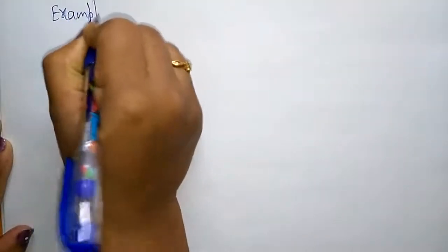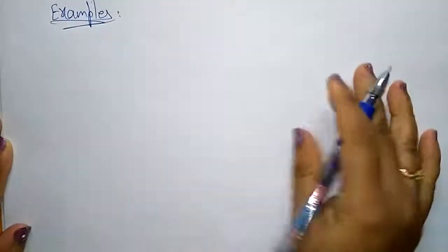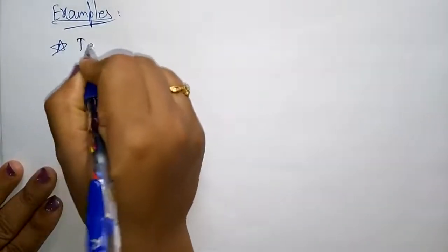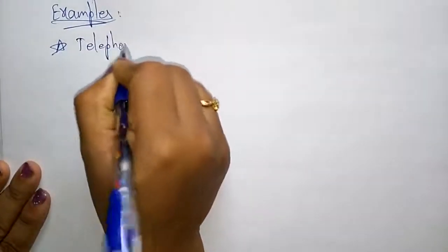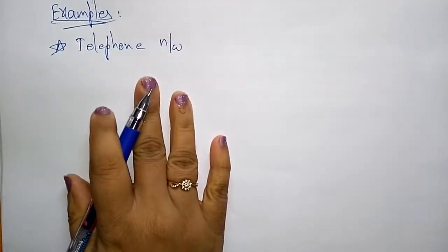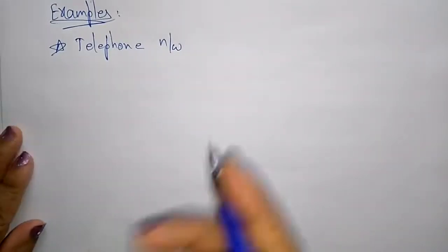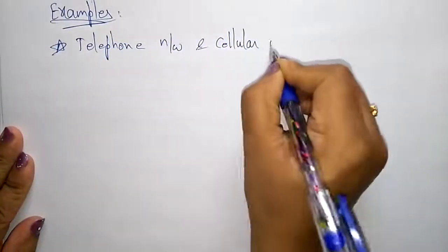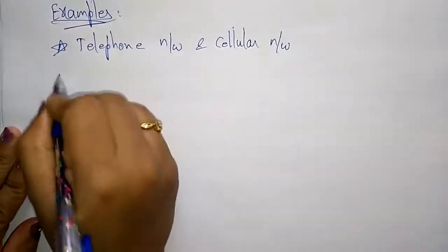Now let us see what the examples of distributed systems are. The examples of distributed systems are the telephone network. In the telephone network also, the connections and telephone wiring follow distributed technology. And cellular networks, that is wireless.